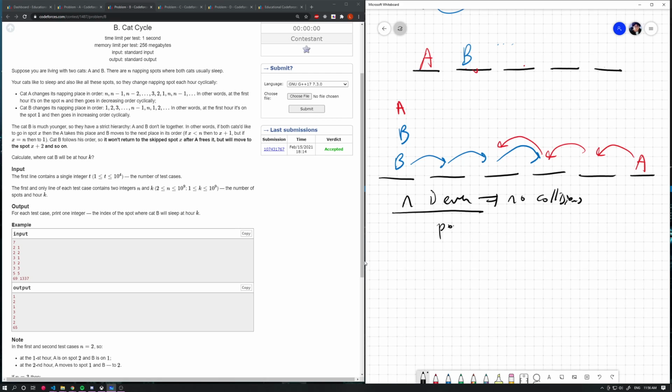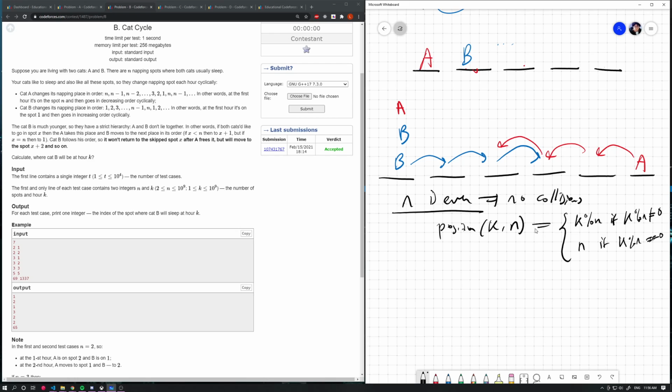I call this position, after k steps of an array of size n, and it turns out to be k mod n if k mod n is not equal to 0, and n if k mod n equals 0.